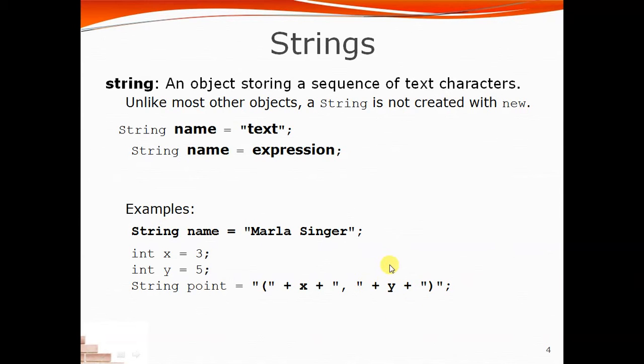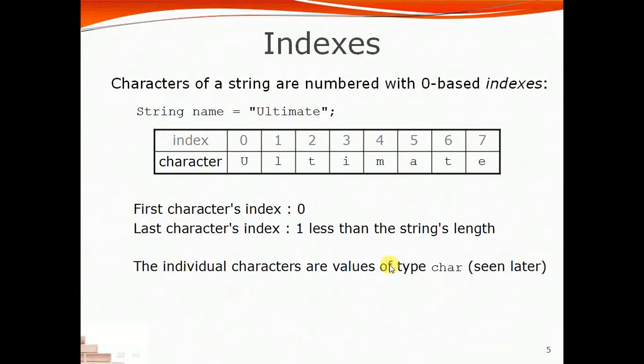Next, moving ahead, in string you must understand how a string is stored, how a word is stored. Like here, the string name "ultimate" is a word. What the Java compiler does is give a number to each letter of that string. It is called the index. The numbers assigned to each letter of your word, sentence or paragraph are called the index.